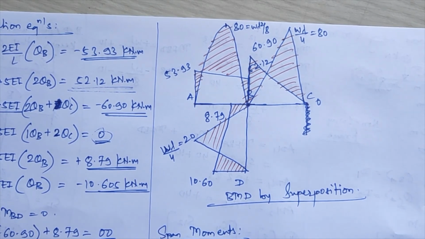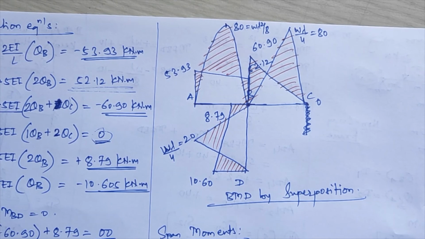Your numerical ends here. If you have seen the process of analysis, the same process you have to follow as you were doing for the beams. Same method. Here you do not have to calculate any shear equilibrium equation in the stiffness matrix method, whether in beams, non-sway frames or sway frames.